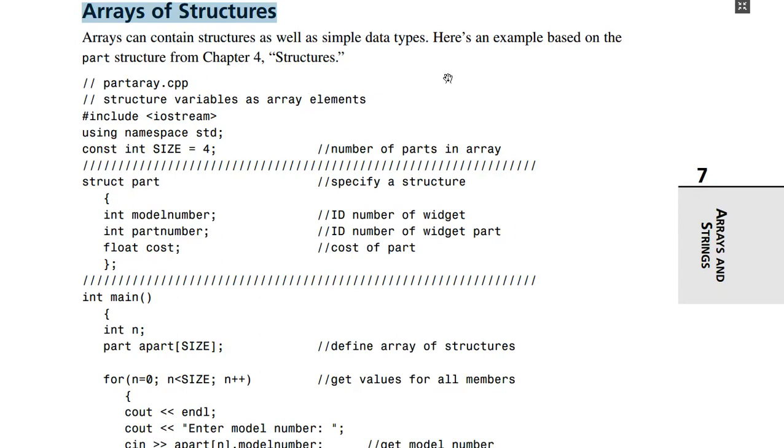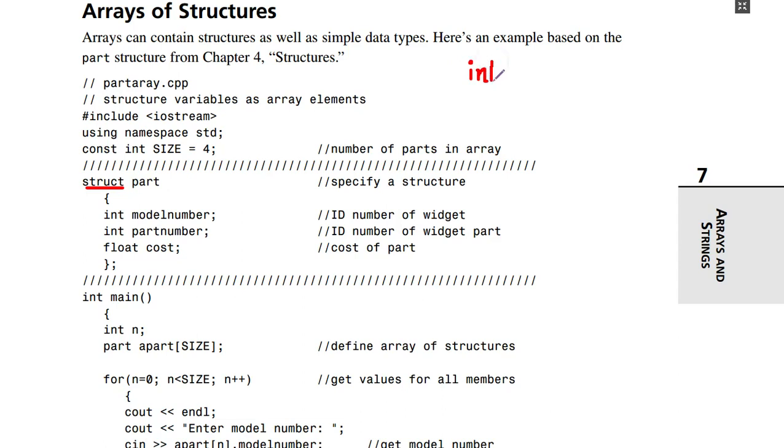If you recall, you might have studied this in your first course before this one. We can have variables just like we say, for example, integer a, integer b, so the variable is of type integer.